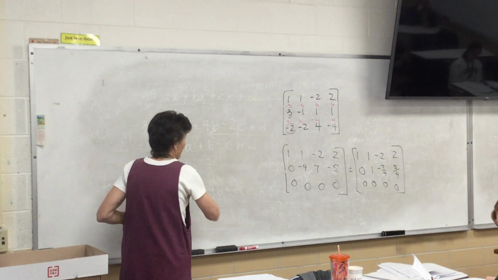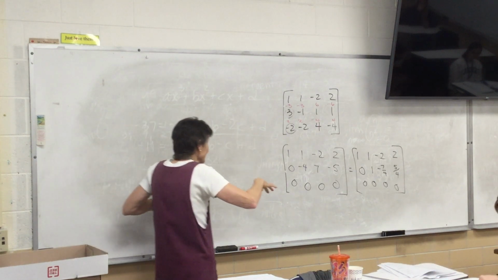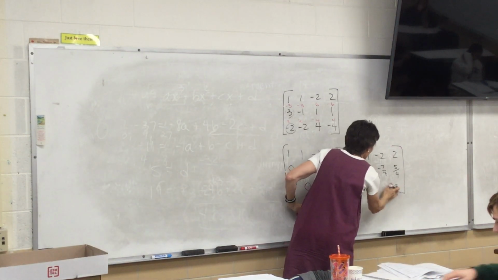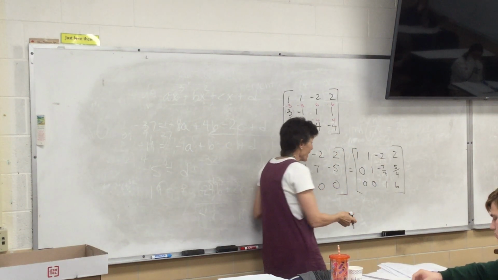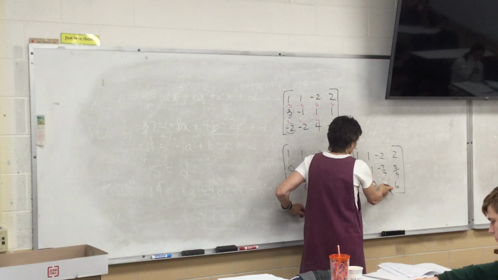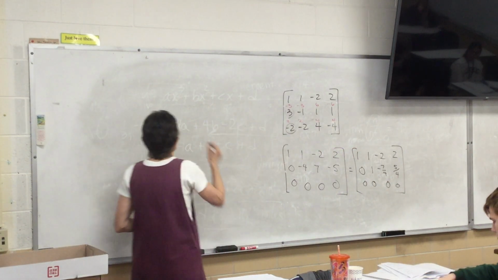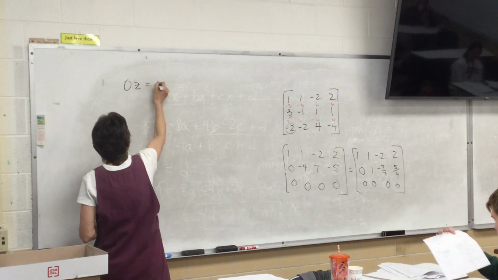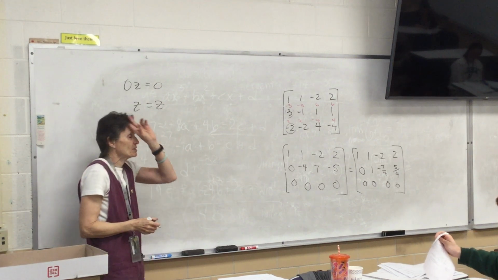David? Don't you just have to do it in terms of z? Yep, so that bottom row, ideally, looks like this. I mean, that's what I want to happen. That says z is 6. Well, it doesn't say that. It says 0z is 0. So basically, z can be anything, and we identify that by just saying z is z.